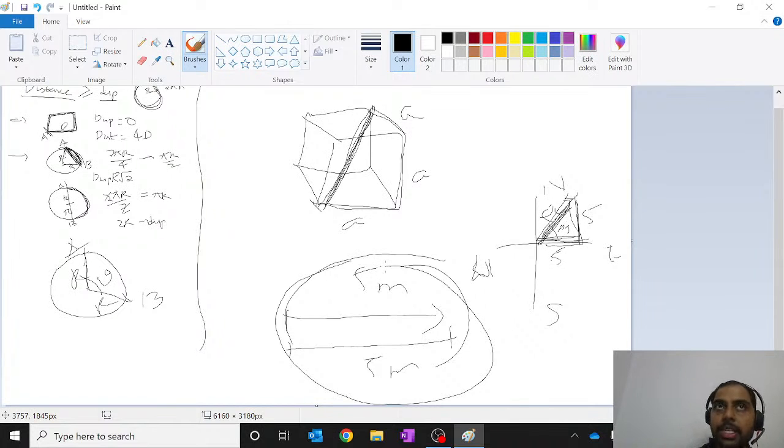Understood? I hope you're understanding. Like I've told you, distance is the entire path that you traveled, whereas displacement is your shortest distance. Clear? These are different scenarios and situations you can come across with respect to distance and displacement. You already know all these things, and consider this as a refresher session.